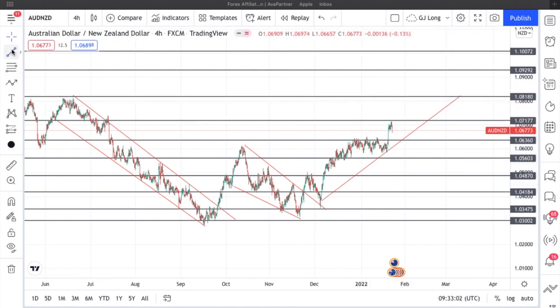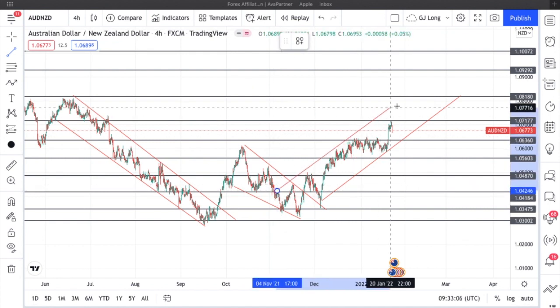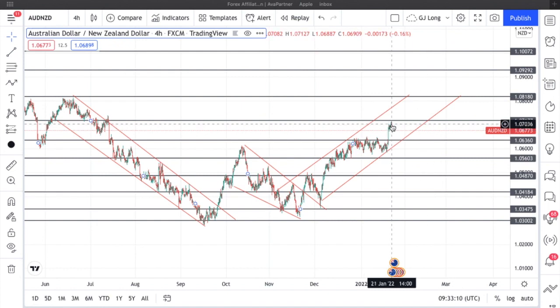Okay, then another one like this. And then we'll anticipate that there will be a pullback here at the area where these two lines meet, an area of confluence.